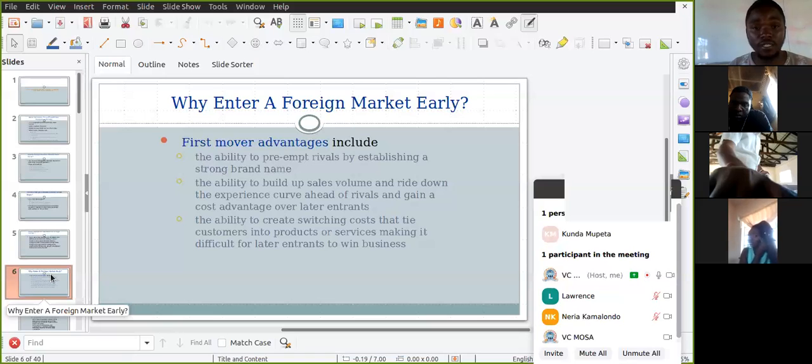Point number 2, the ability to build up sales volumes and write down the experience curve ahead of rivals and gain a cost advantage over later entrants. So we see that when you are the first person to enter that market, you'll be able to minimize your costs. How are you going to do that?